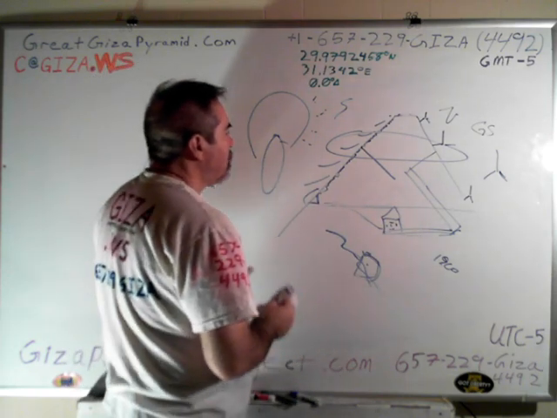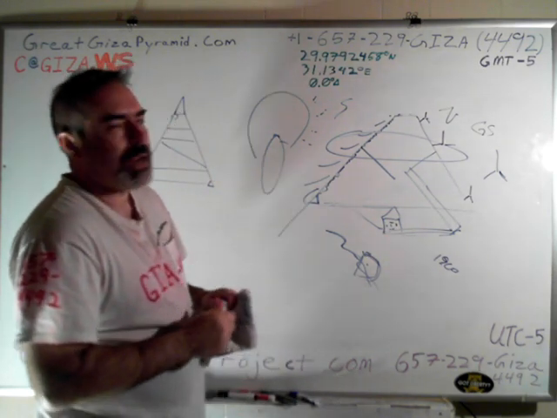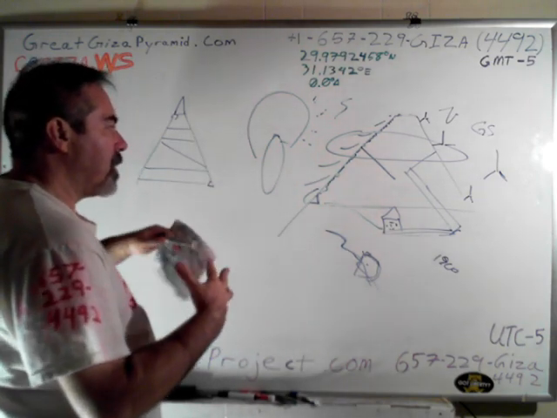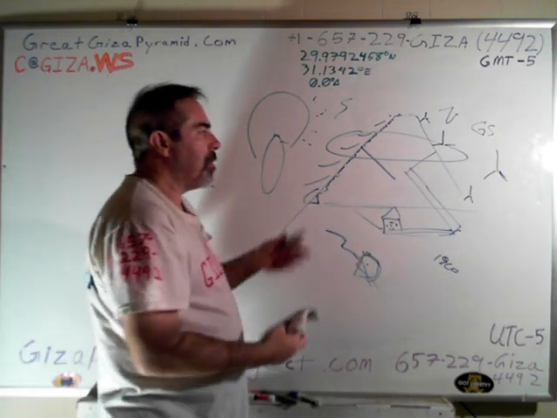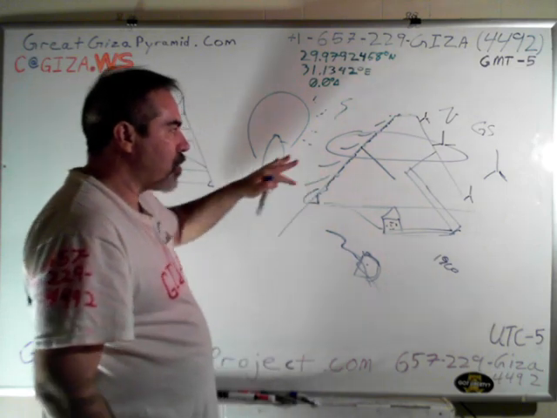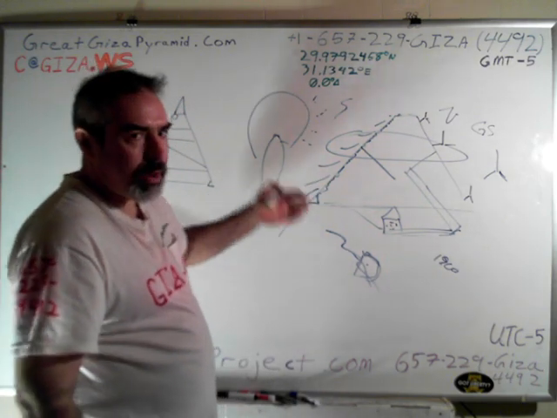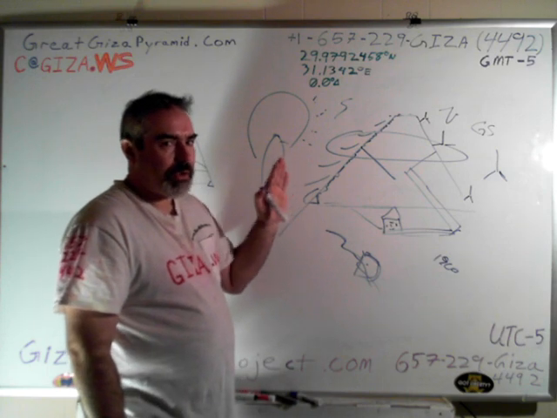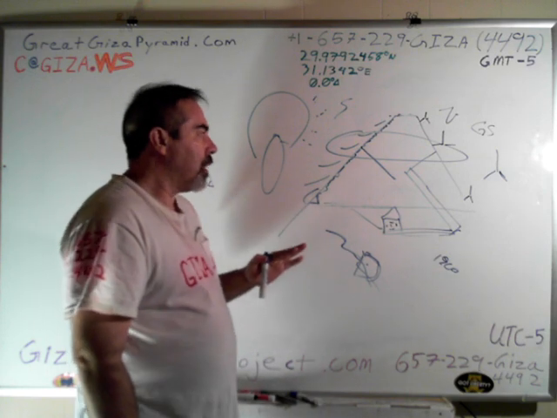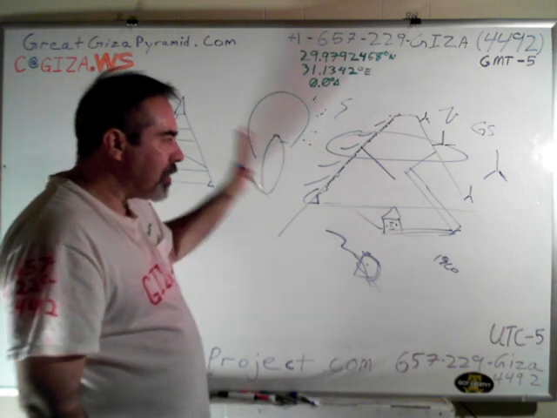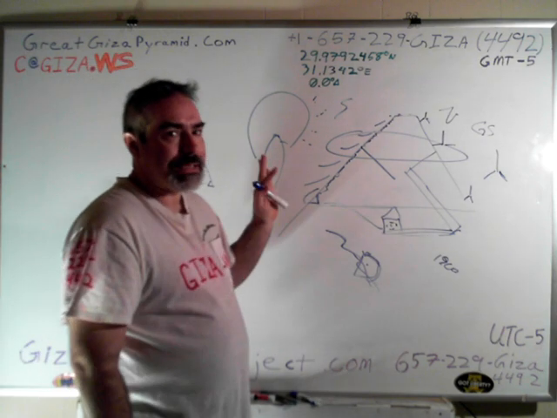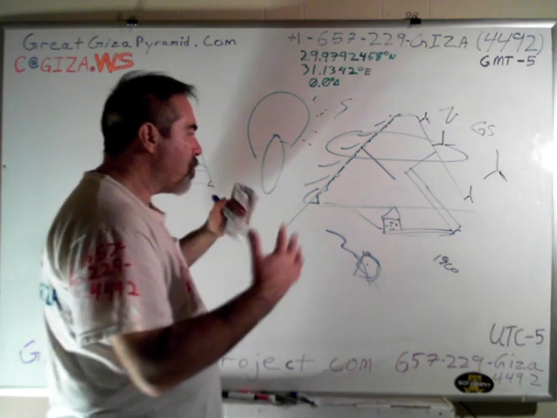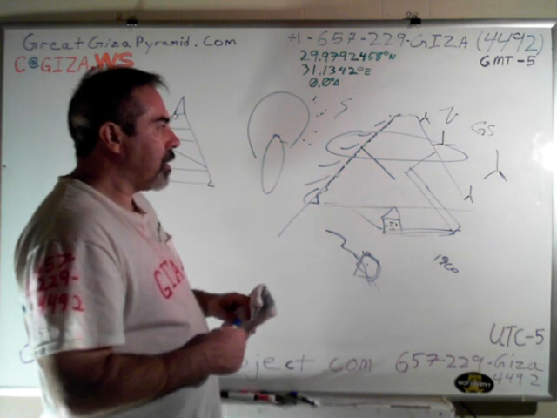Now, again, I'd like to be shown wrong, because I'm looking for the truth. I'm not looking to make something up and give you a story about how the structure does what I want it to do. I want to look at the structure and actually figure out what the structure does. The structure is built this way, it is engineered this way intentionally, and it does work without moving.